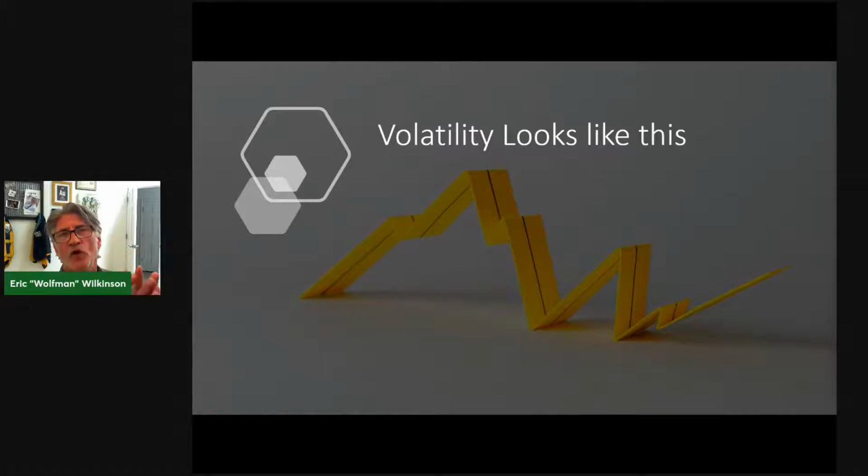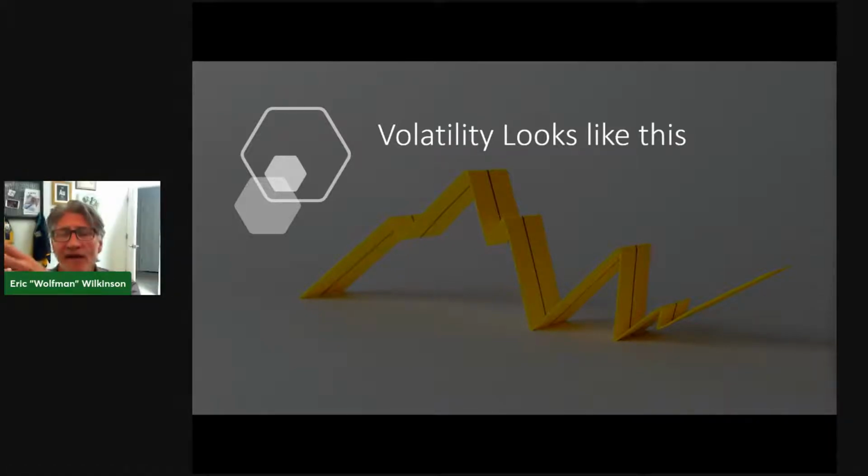Meaning, if I'm looking at Kroger stock, its implied volatility is completely different than something like Tesla or Apple or the tech sector, okay? Consumer staples and tech don't have the same volatility coefficients. So we need to compare apples to apples and oranges to oranges.